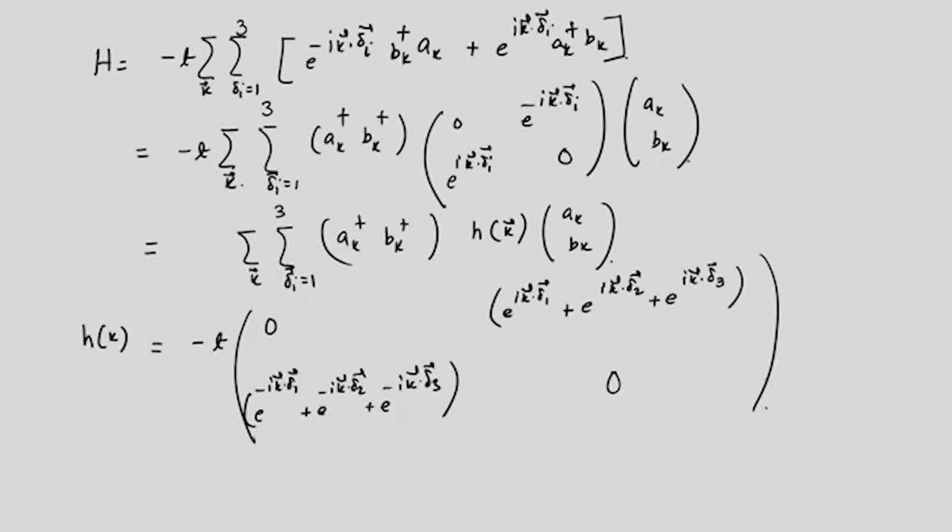Now, the difference between delta 1 and delta 2, or delta 2 and delta 3, or delta 1 and delta 3, must give you a lattice vector, which is R. To achieve more simplification, one can do a transformation: a_k can be changed to e^{i k·delta 3} a_k, and a_k dagger to e^{-i k·delta 3} a_k dagger.